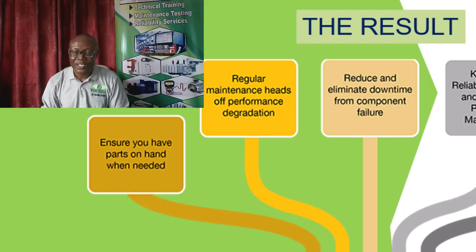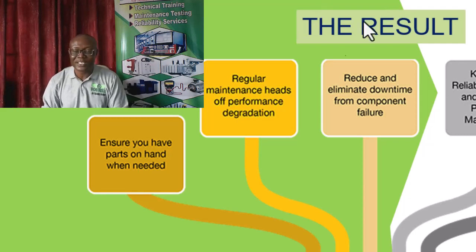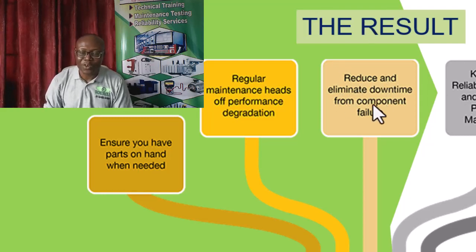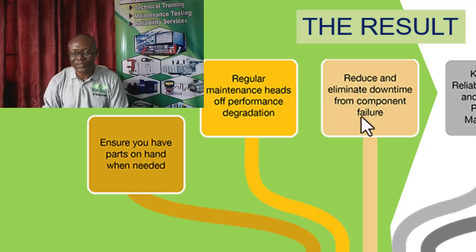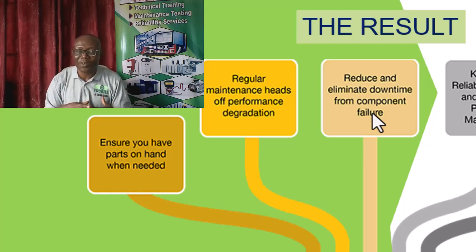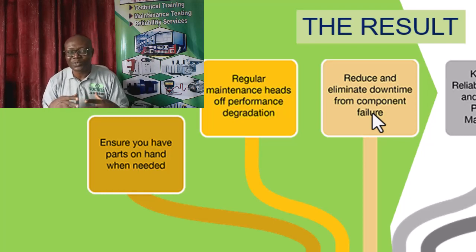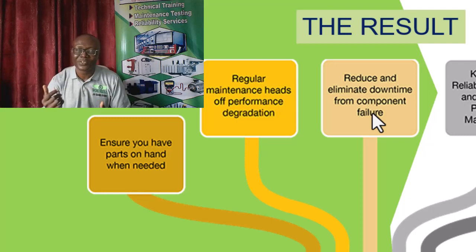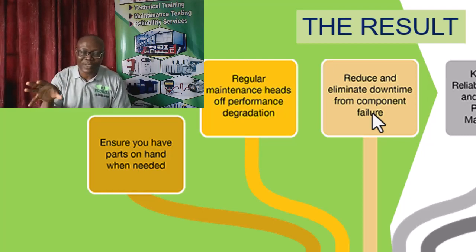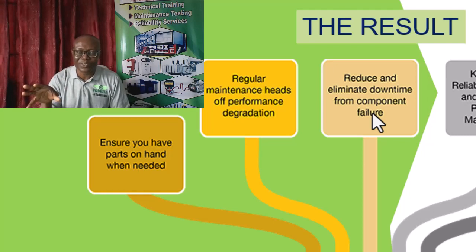Then we also reduce and eliminate downtime from component failure. Since we know when the component will fail, we plan for it, or before it fails, we do something to restore it back. So you see that we have removed the downtime that will be caused by that component failure.